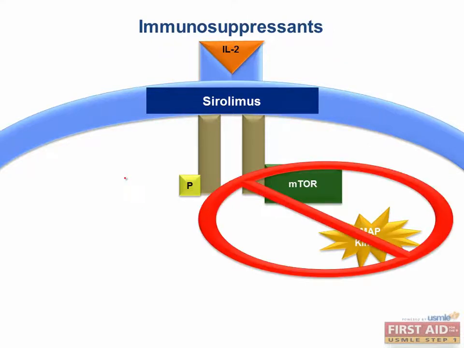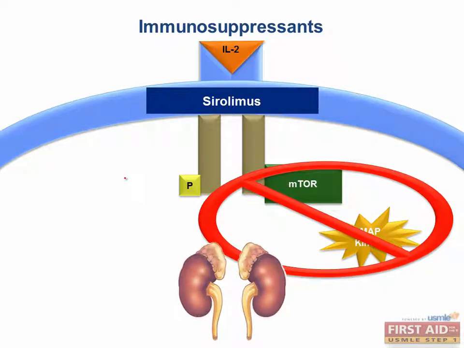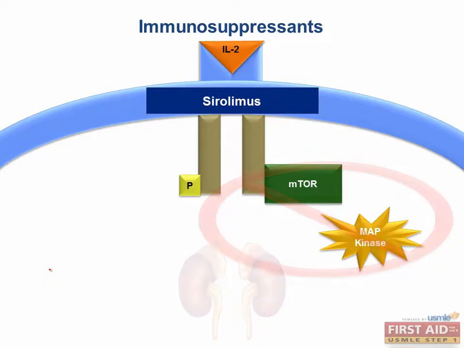And we don't have MAP kinase, we don't have cell proliferation, and immune cells need to proliferate when they need to respond to pathogens. So this is how we inhibit the immune cells this way. The thing about sirolimus is that the kidneys actually survive. So that's a way to remember it, is kidneys survive sirolimus. So SIR and SUR. Sounds similar.